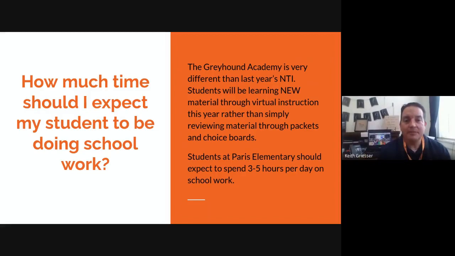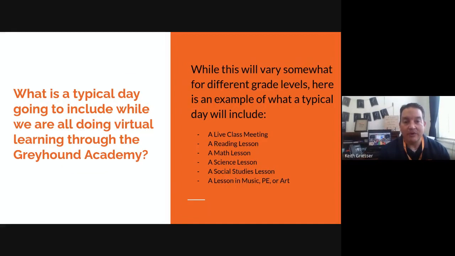Next slide. What is a typical day going to include while we are all doing virtual learning through the Greyhound Academy? This has been a very common question that I received yesterday while people were picking up their Chromebooks, through emails. This is a question that a lot of people are interested in. And so I've put here some outlines of things that might be included in what your grade level does.